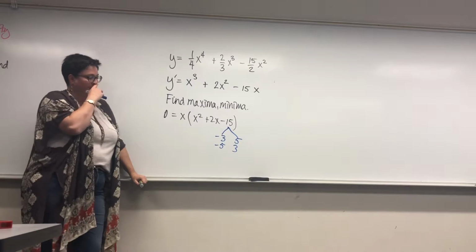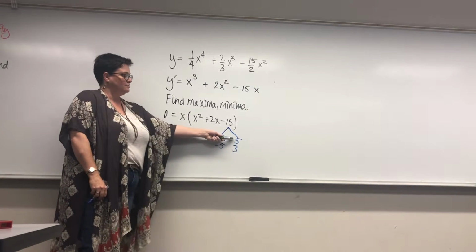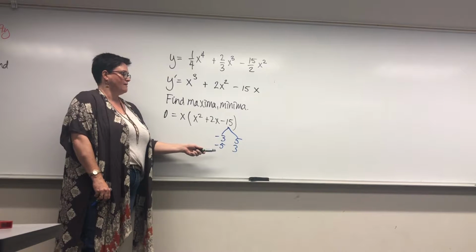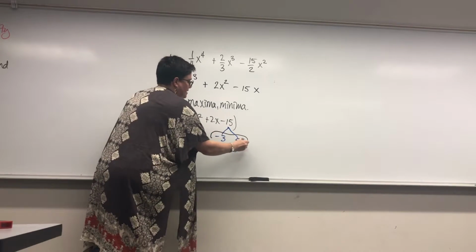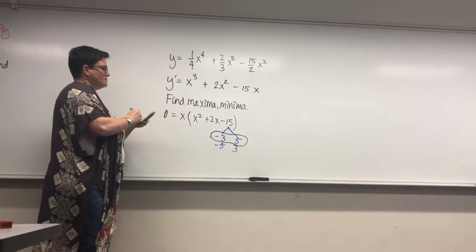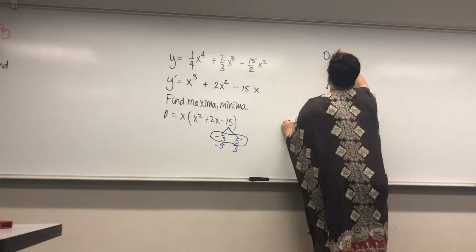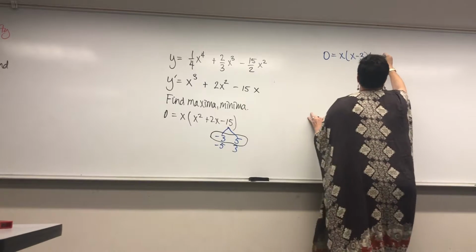Does this add to positive 2? How about this one? No. So which one do we take? The negative 3 and 5. Now we can factor that: 0 equals x times x minus 3 times x plus 5.